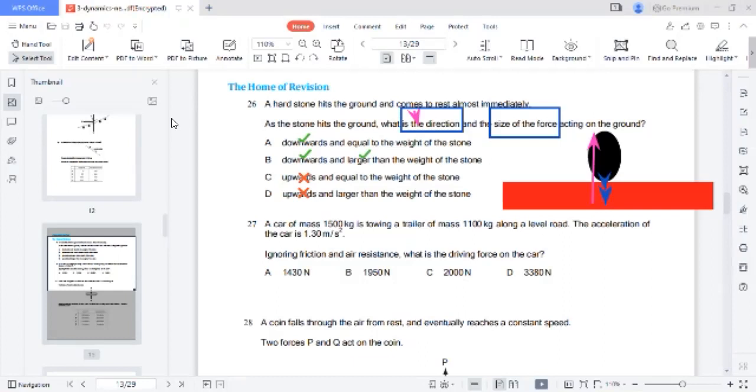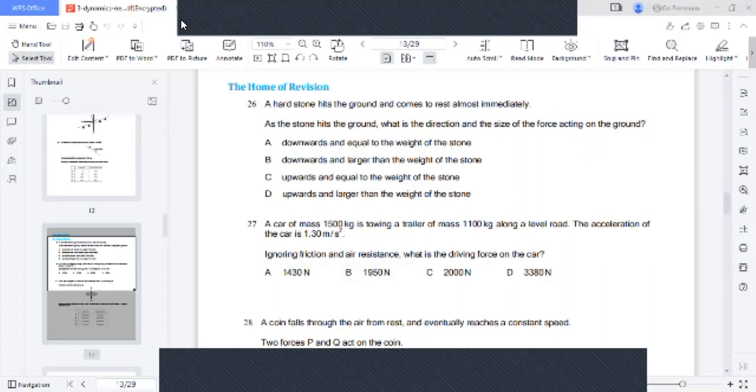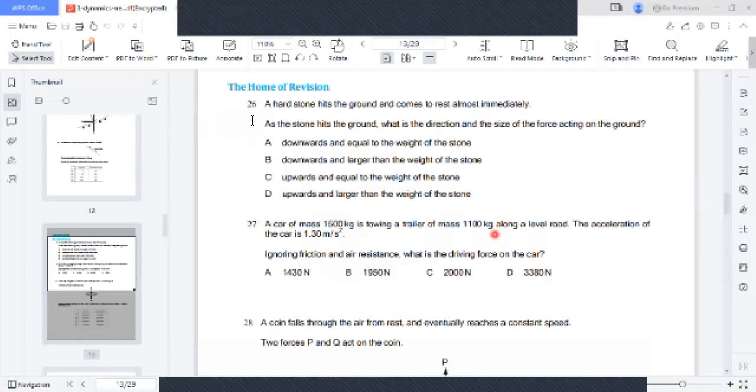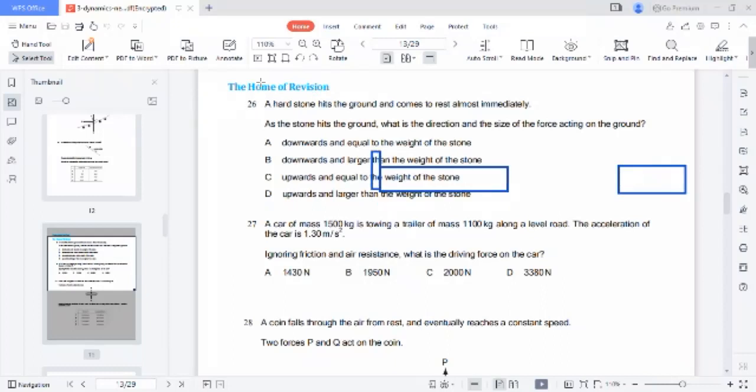Next is a car of mass 1500 kg towing a trailer of 1100 kg along a level road. Suppose here is a car and here is a trailer, and it's a rope or anything with which it is towed.